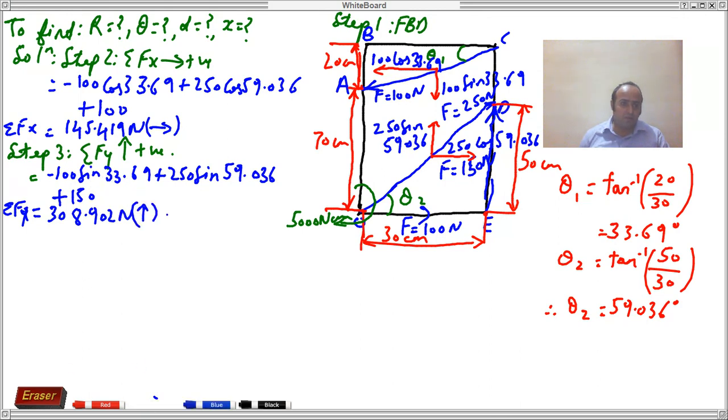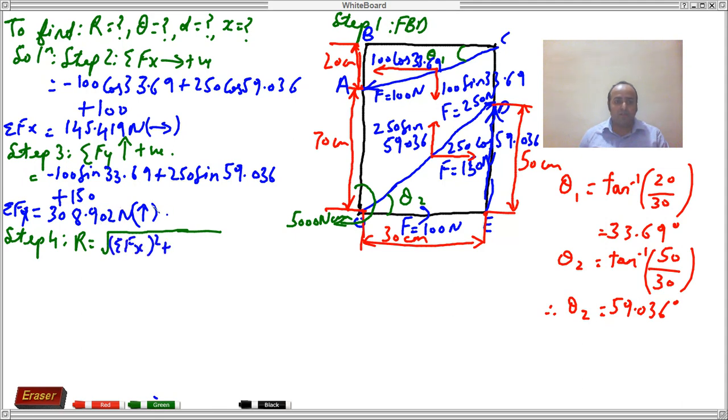Now step number 4 is to find out the value of R. R is equal to root of summation of Fx square plus summation of Fy square. So friends, therefore R is equal to root of 145.419 square plus 308.902 square.